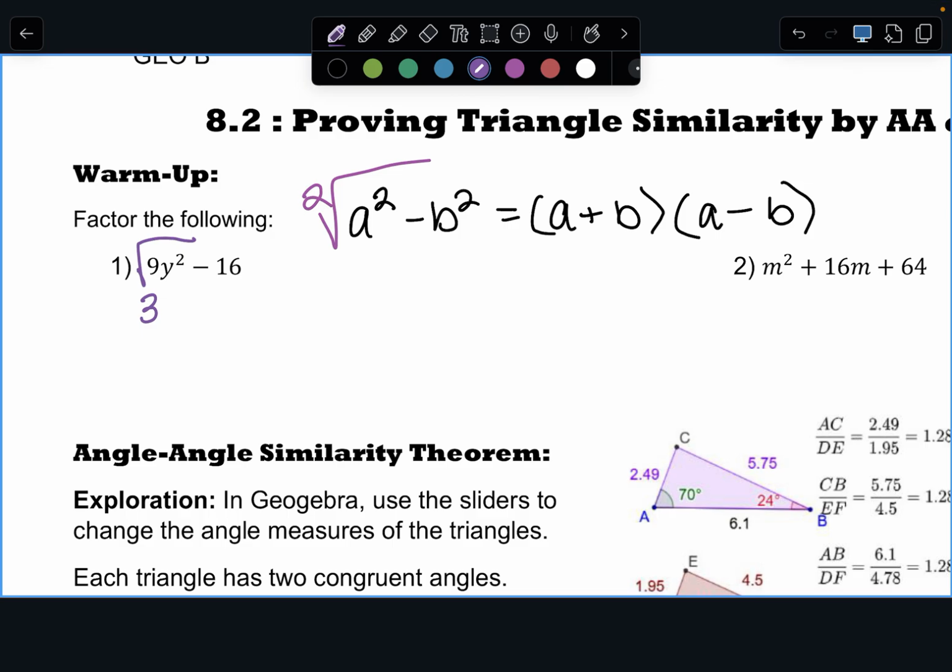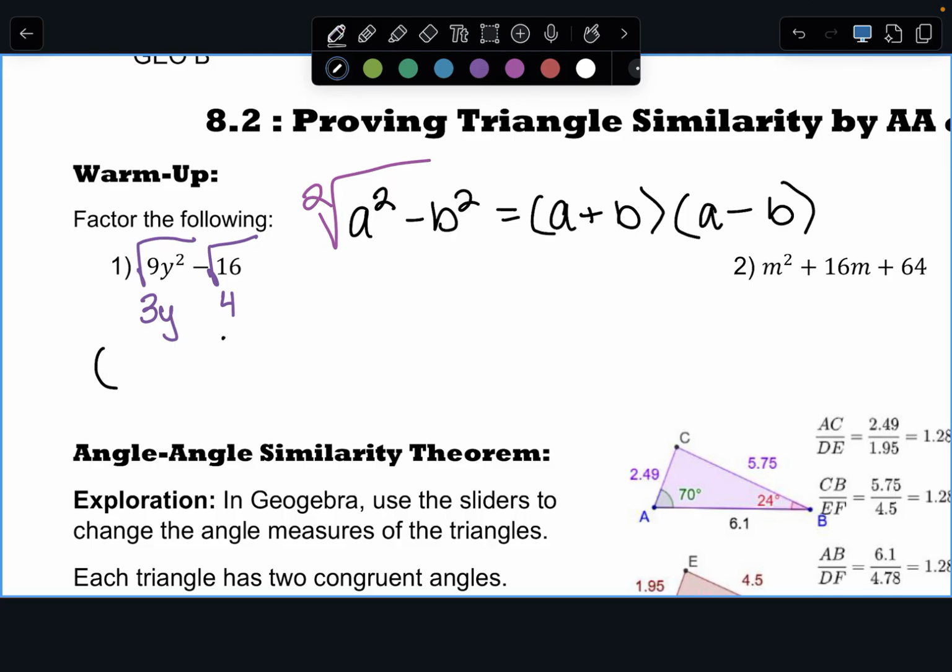Y. So the square root of 9y squared is 3y. That's the first piece in our parentheses. What's the square root of 16? 4. So that's our second piece.